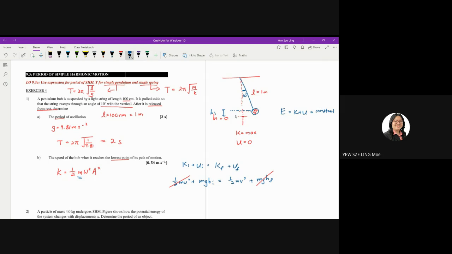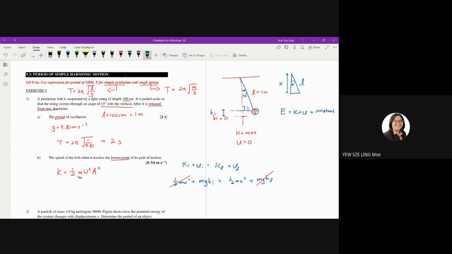If you look at this diagram, it's actually forming a right angle triangle here, where you have the hypotenuse length L and the angle 10 degrees. What we want to calculate is the height. We want to calculate this length, and I'm going to call it X.